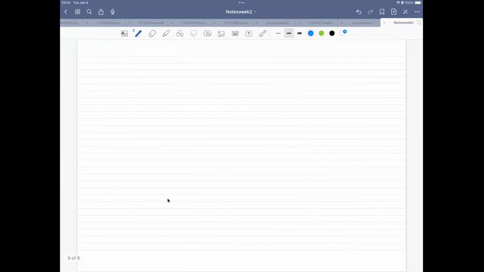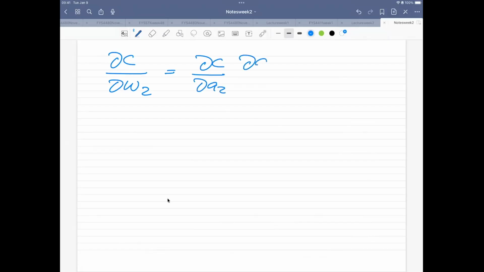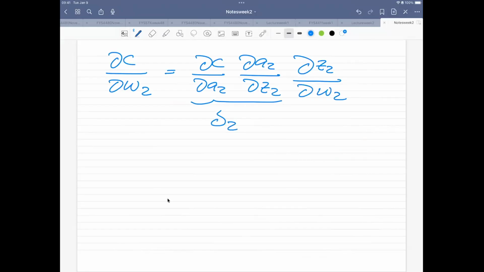So what we need now is simply to start with the derivative with respect to W2. And that is nothing but dC/dA2, dA2, and then we have these input variables to the output layer. And then we have a dZ2/dW2 here. And again, we are going to call this one for a function delta 2.